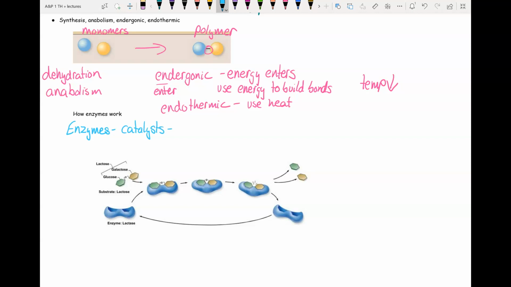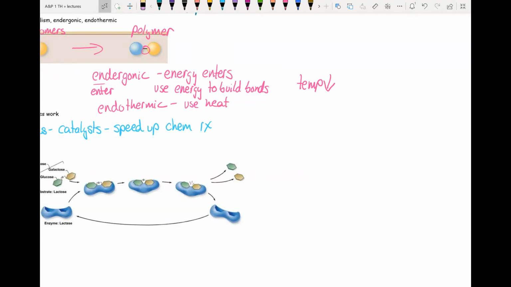So you have metabolism, chemical reactions in your body. You have catabolism, you have anabolism. These are constantly happening. They keep you alive. Enzymes speed them up. So you have all these reactions going on in your body. Remember, that is metabolism.